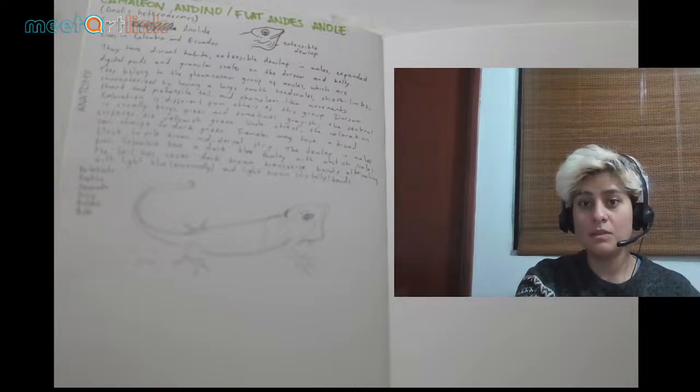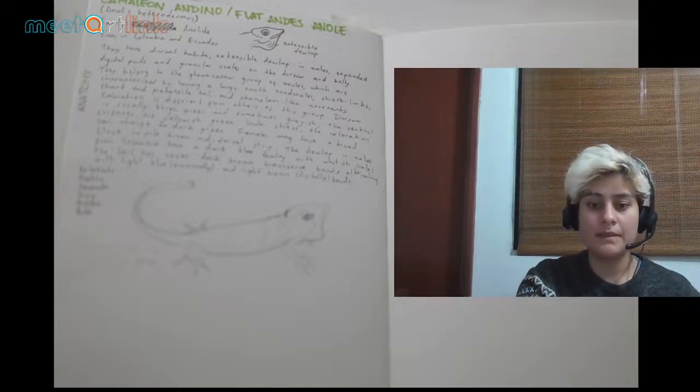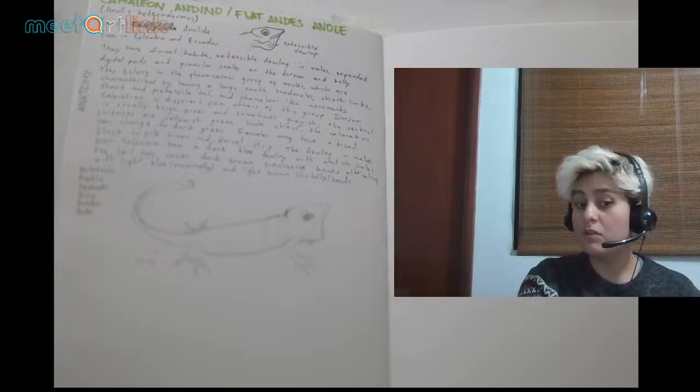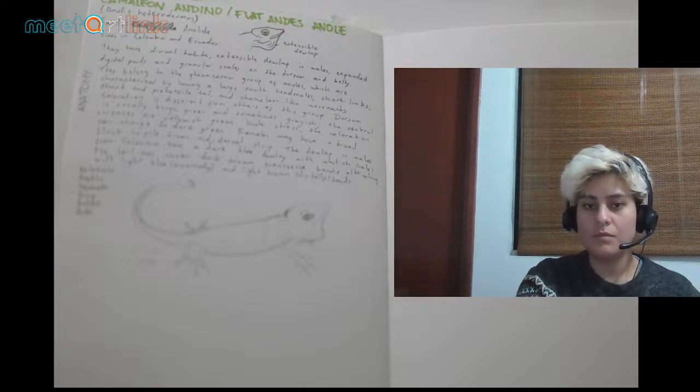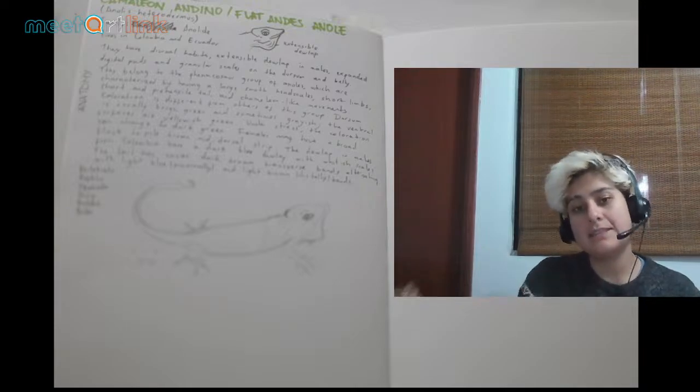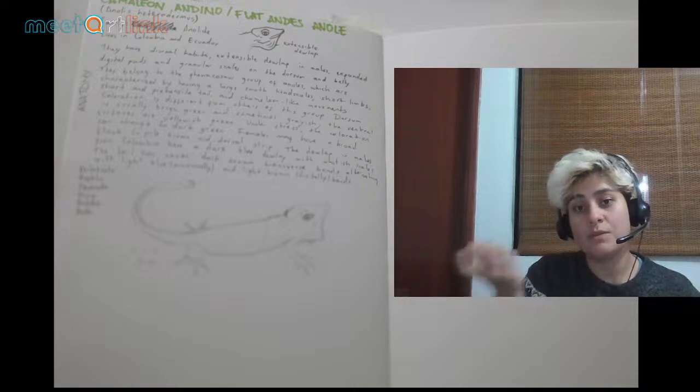And while I was reviewing the information online, I found that the color of the species that lives in Ecuador is actually different from the one that lives in Colombia. That's also a good thing to know, because maybe you want to depict a species, and you look for references of the same species, but in this species there are already variations.